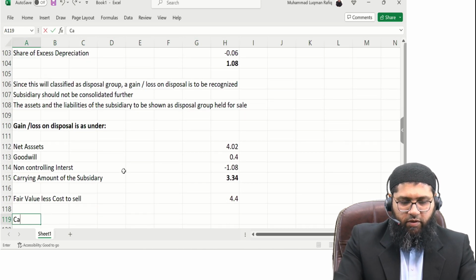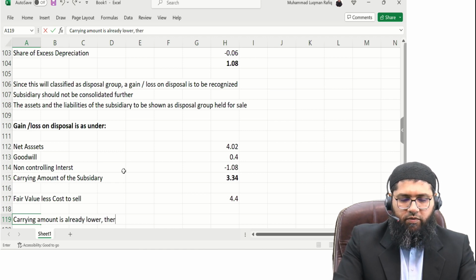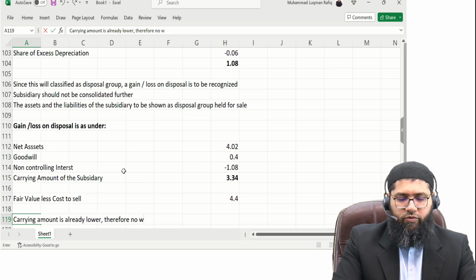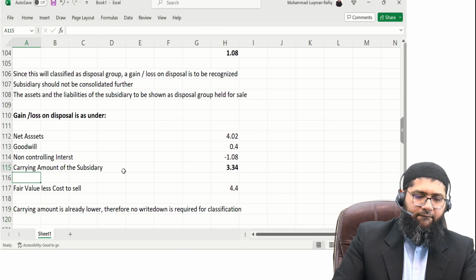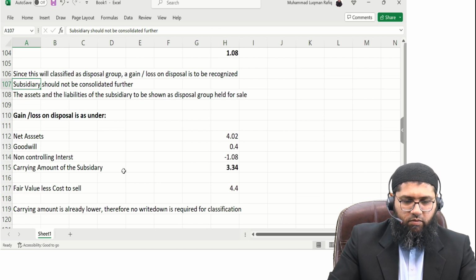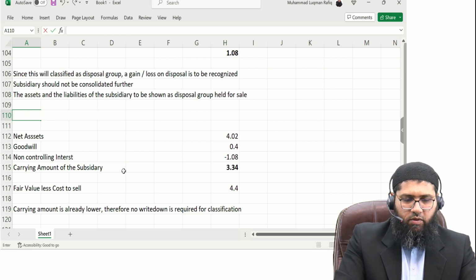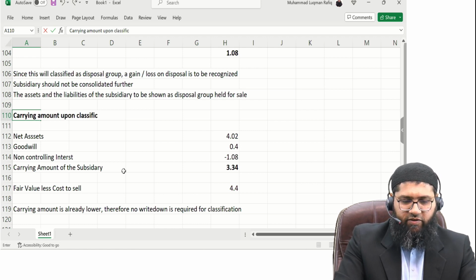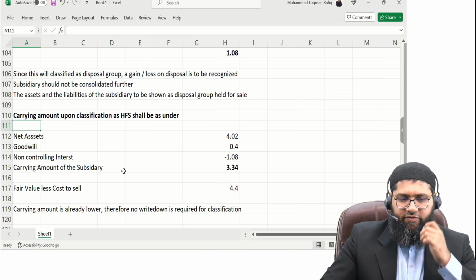Hence the carrying amount is already lower. Therefore, no write down is required for classification. Carrying amount upon classification as held for sale shall be as under.